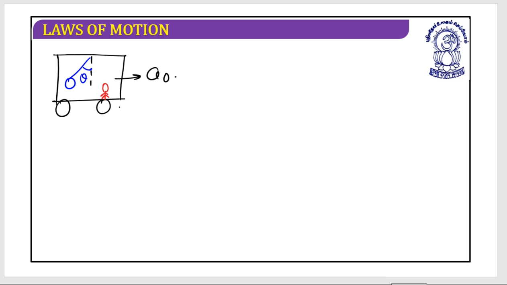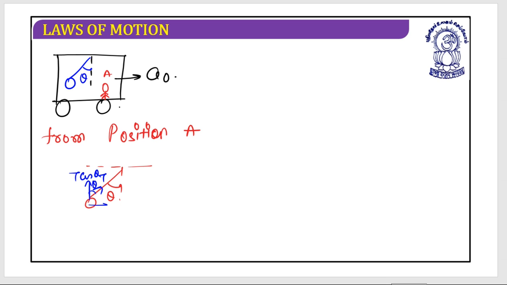Now if you take this observation from position A, let's have a look. This is theta. Same thing, it's T. This would be the theta. This is T cos theta. This is T sin theta. This would be the mg.